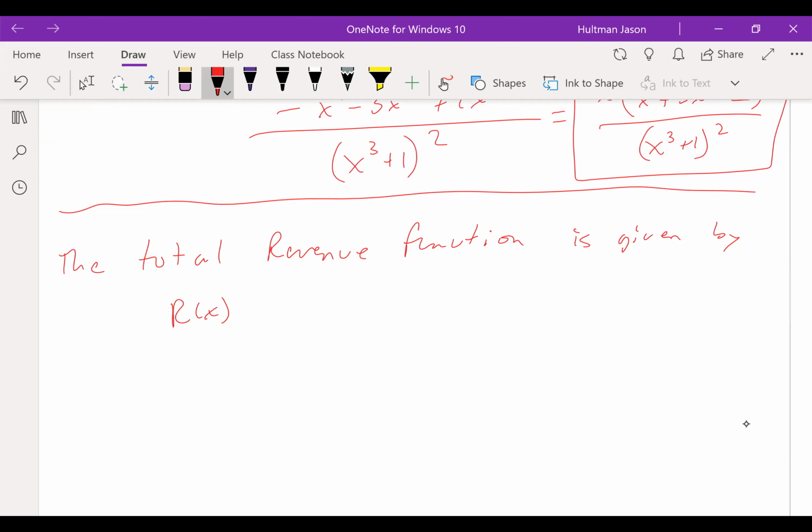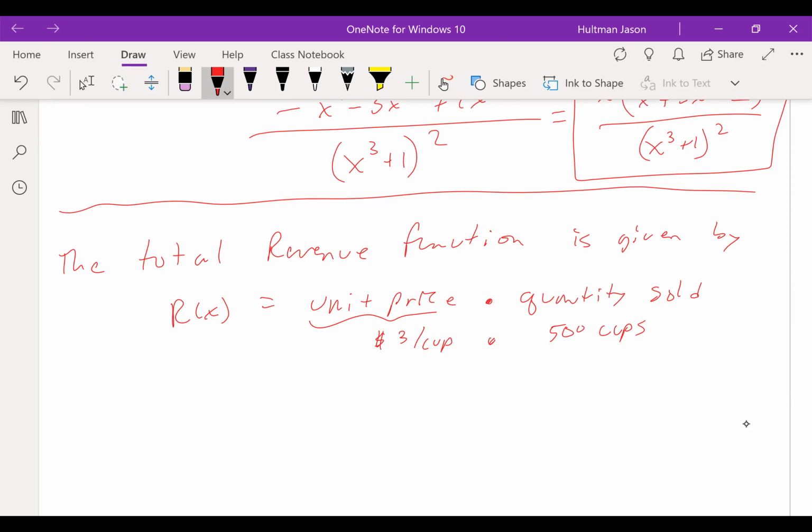R of X, which equals the unit price times the quantity sold. So think cups of coffee, right? So it's $3 per cup times 500 cups.